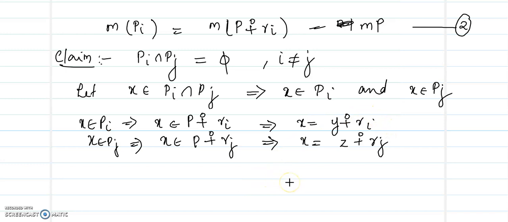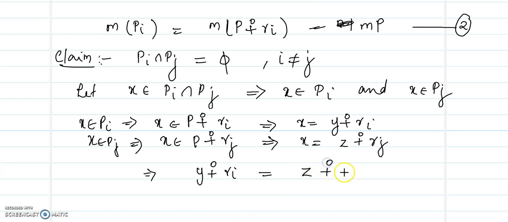Now here, both of these are expressions for x. So that implies y sum modulo 1 Ri is equal to z sum modulo 1 Rj.